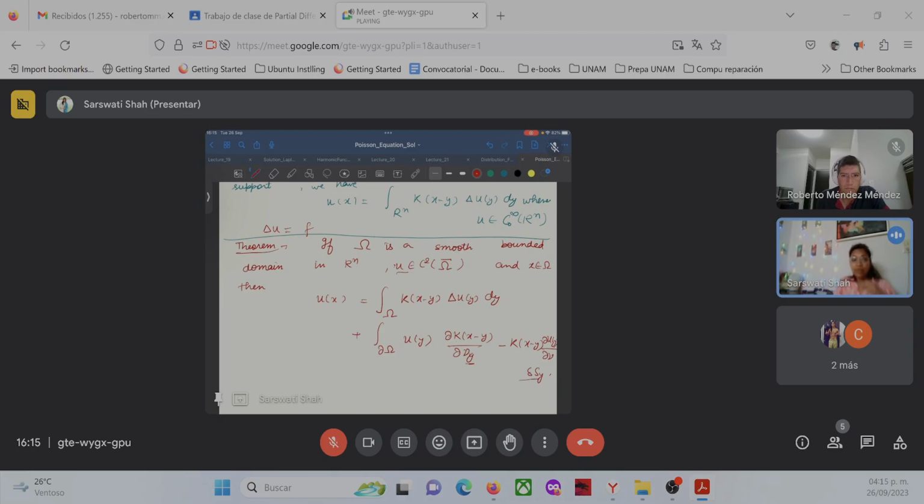Because this is a surface integral, we have changed the domain integral to a surface integral, so we are using the Gauss divergence theorem. Basically this is Green's second identity.